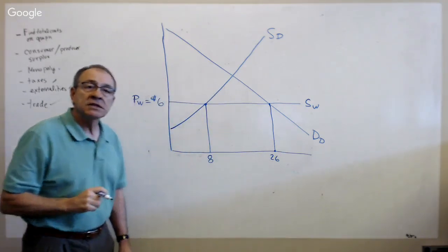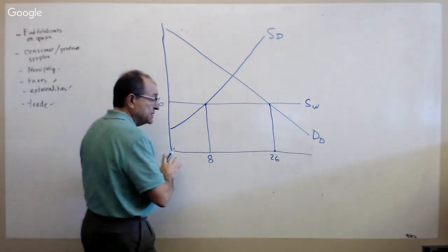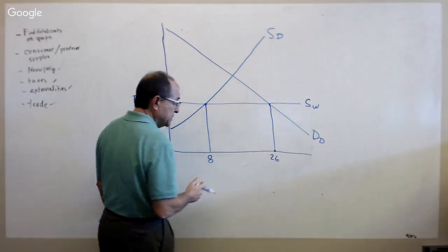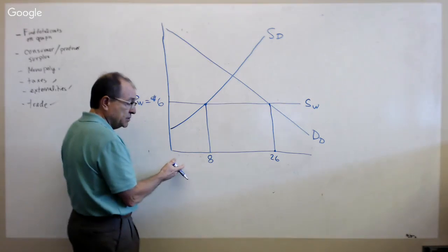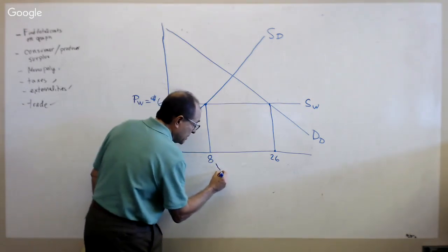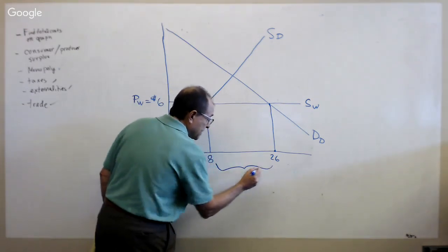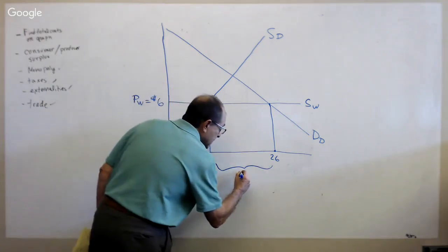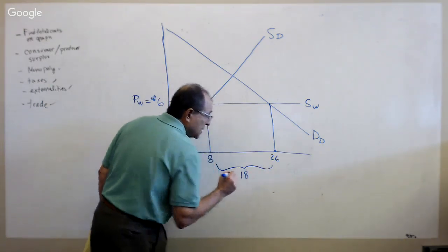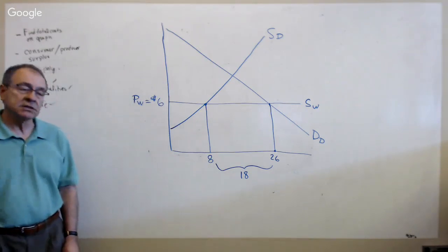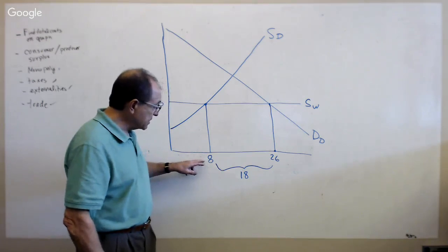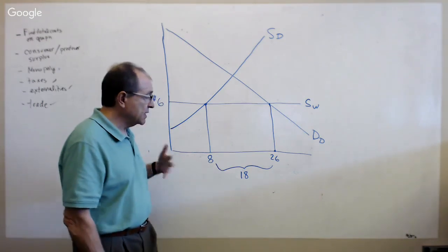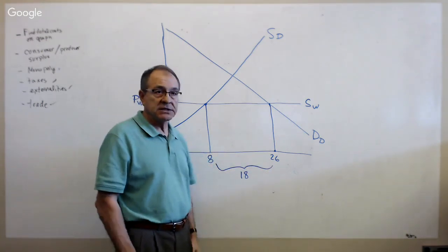So what this means is domestic consumers are consuming 26 units. 8 of these units are being supplied by domestic producers, and the difference between 26 and 8, which is 18, are imports. So the United States is importing 18 units, domestic producers are producing 8 units, consumers as a whole are buying 26.